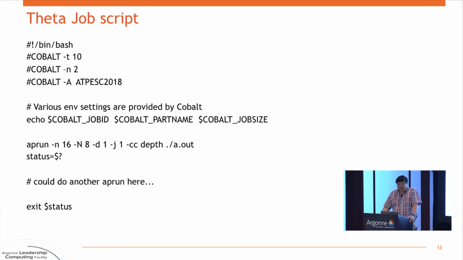In this example, it asks for 10 minutes, -t 10, 2 nodes, -n 2, and your project name, that's like the bank account that you're going to bill against, which is ATPESC2018. And then aprun starts your job, just like on other Cray systems.